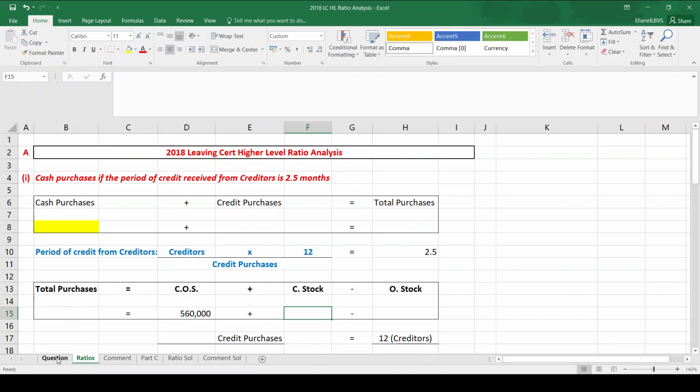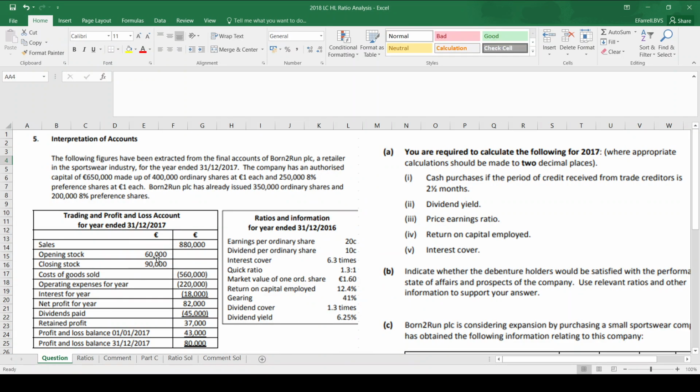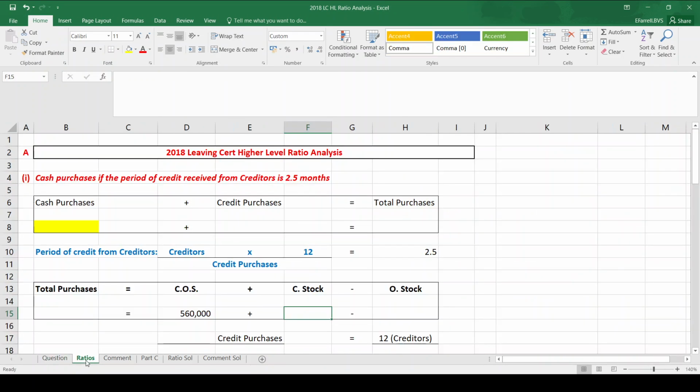I'm going to add my closing stock, which is 90, and take away my opening stock, which is 60. So total purchases is 560 plus 90 minus 60, which is 590,000.